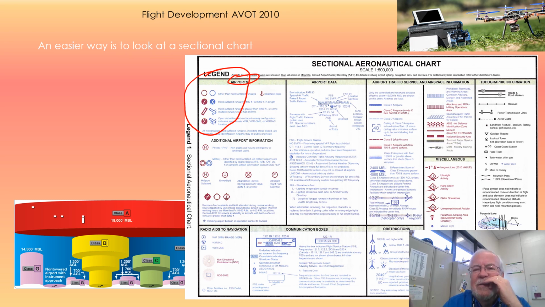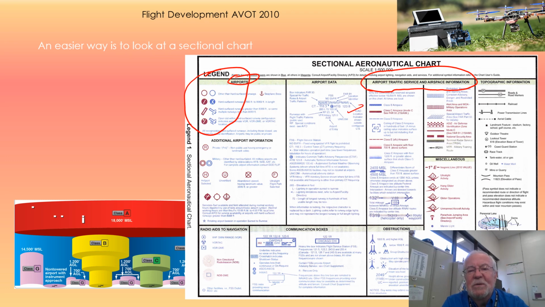Okay, but the second thing, since we're talking about the National Airspace System, is over on this side, airport traffic service. Now we have these different indications.